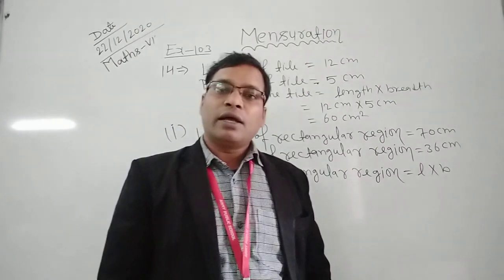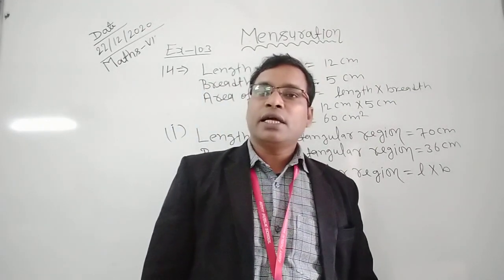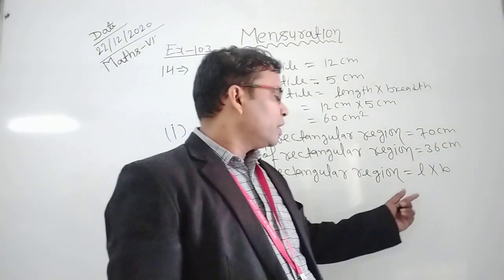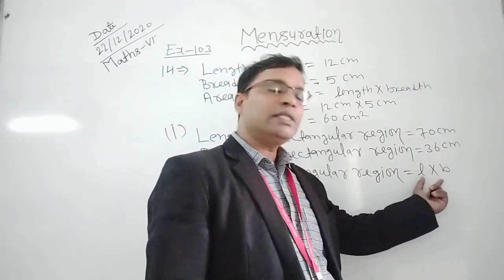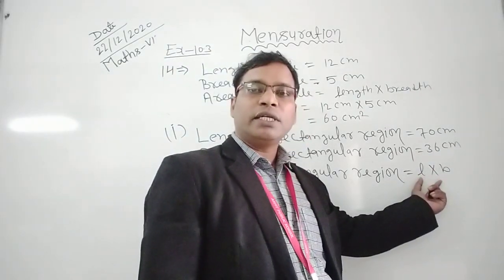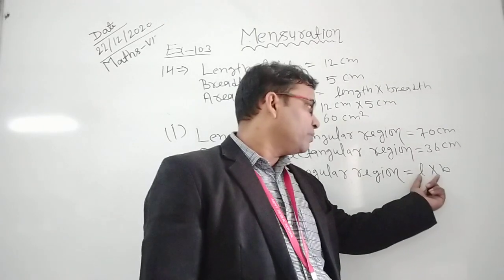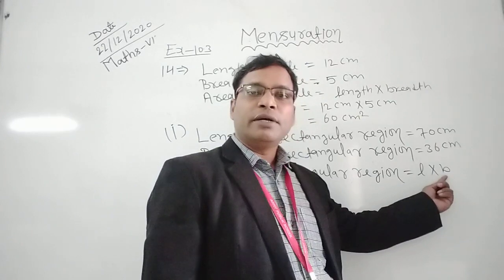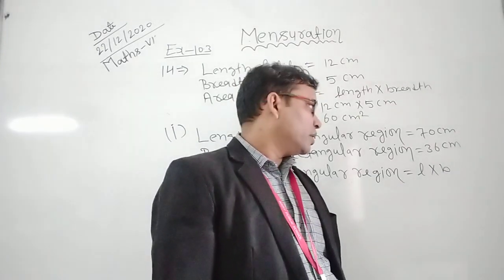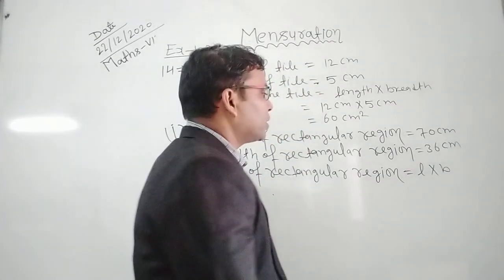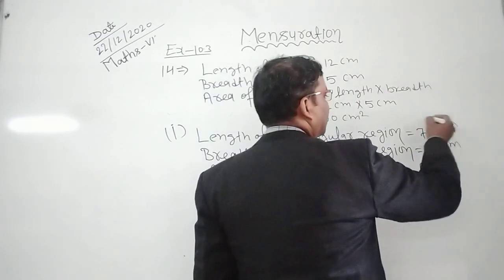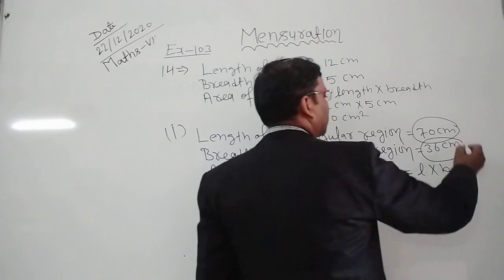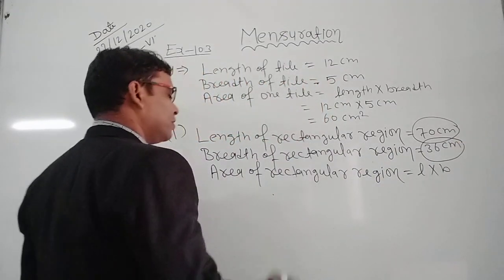After this, we are going to find the area of the rectangular region. We know the formula to find the area of a rectangular region is length into breadth. L represents the length of the rectangular region and B represents the breadth of the rectangular region. The length is given here 70 centimeters and the breadth is given here 36 centimeters.